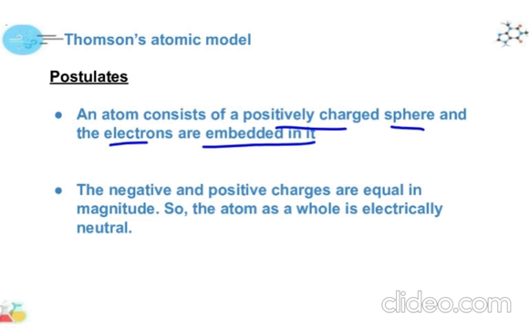And secondly, he also said that the negative and positive charges are equal in magnitude. If I have negative and positive, what will happen? It will become zero, or neutral. So he said that the atom as a whole is electrically neutral. Only positive and negative charges are there, and they are equal in magnitude, so it is neutral.